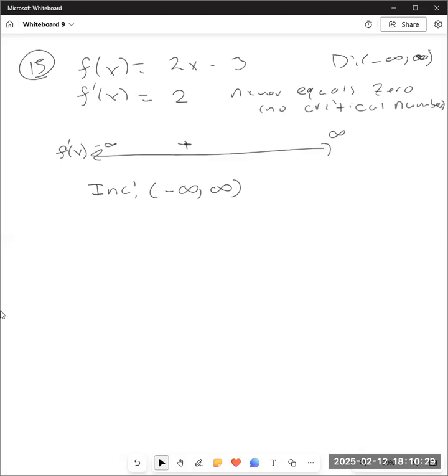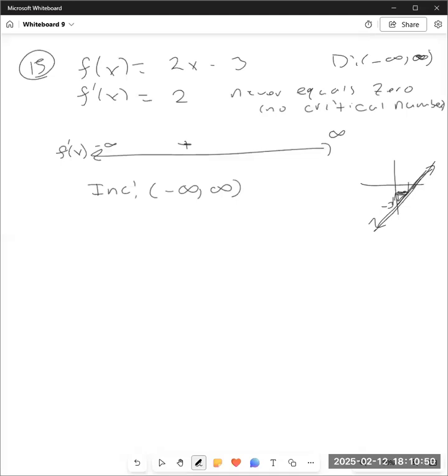We should have seen that from the graph: this is a linear function with a y-intercept of -3 and a slope of 2. Then we go up 2, right 1, we would be at (1, -1) there. And we have positive slope, so it's increasing from negative infinity to infinity.